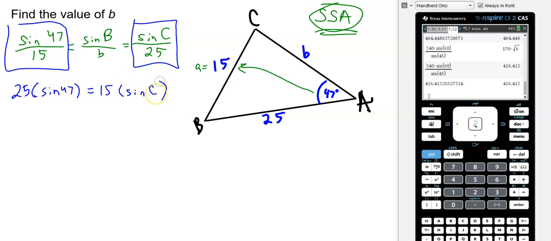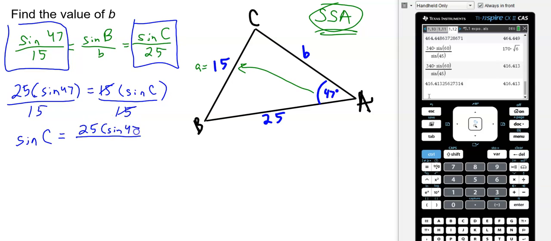We're going to divide by 15, and this cancels. I'll write it on the left-hand side, because I like it better. So sine of angle C equals a big fraction, 25 times the sine of 47 over 15.